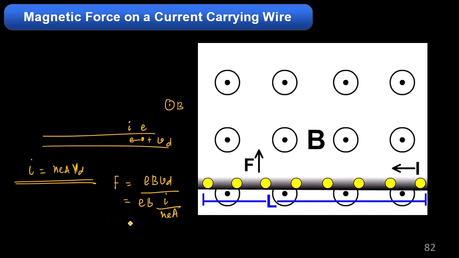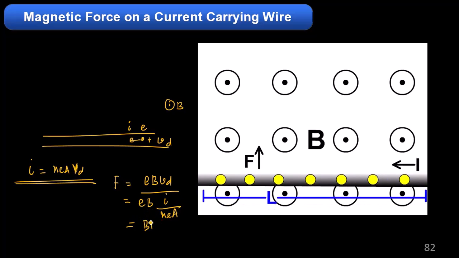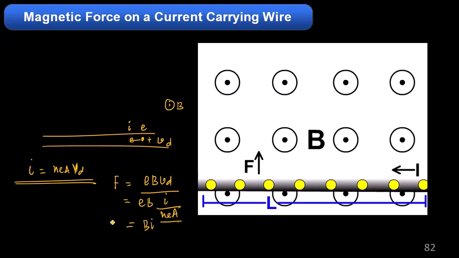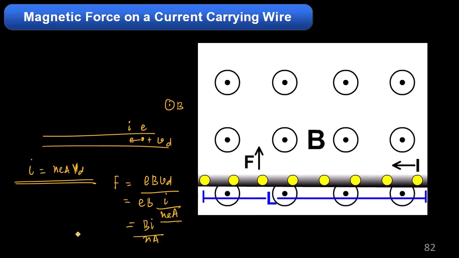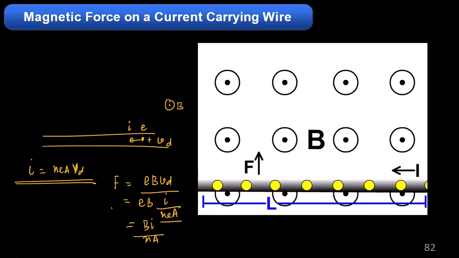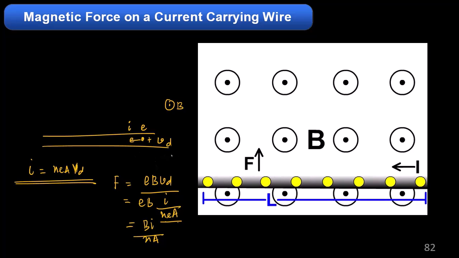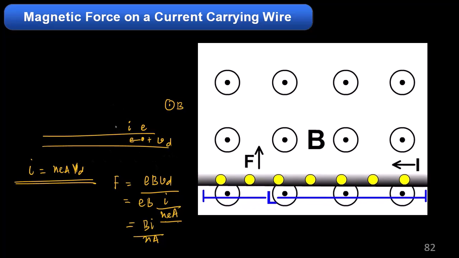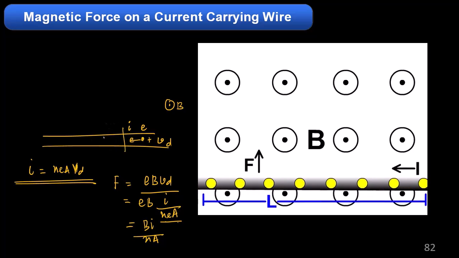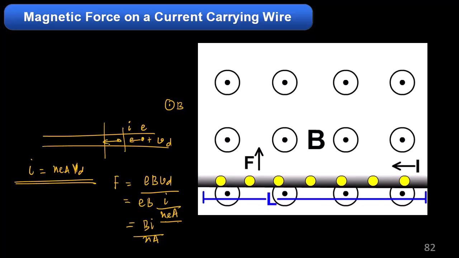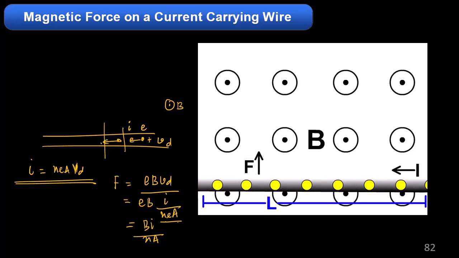So e cancels out. What I am getting is BI divided by nA. What is n? n is the number of free electrons, or the number of charged particles per unit volume. Now, with the Vd speed, let us say the charged particles move by a distance d.